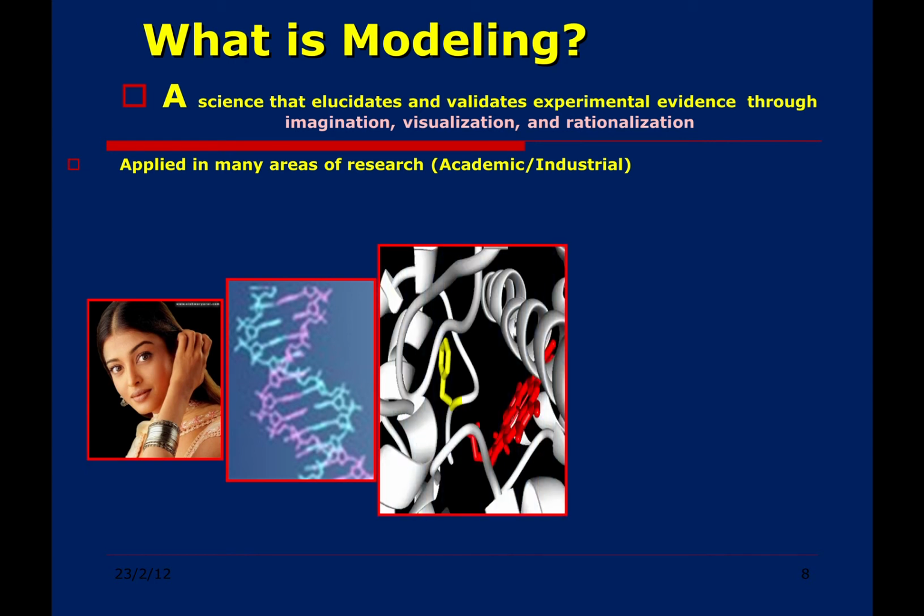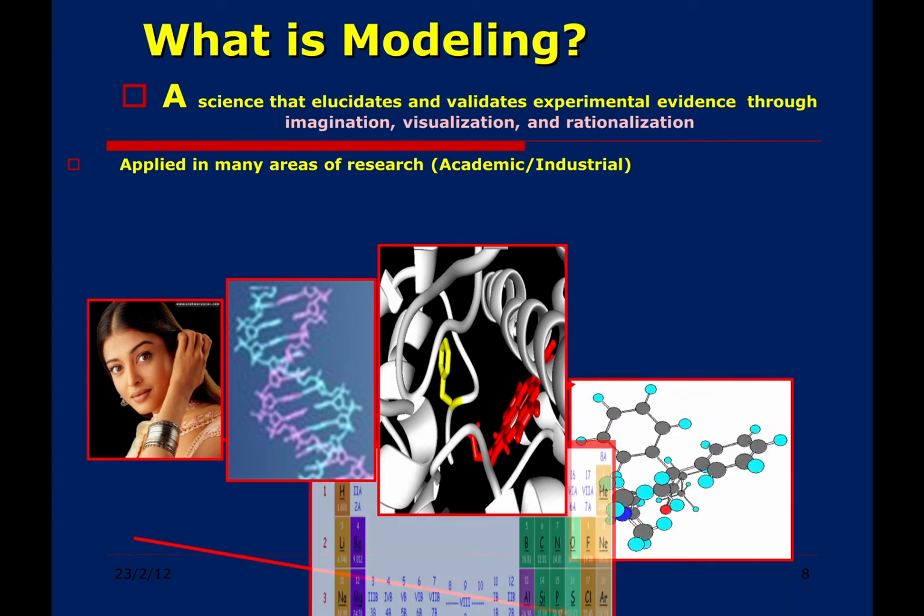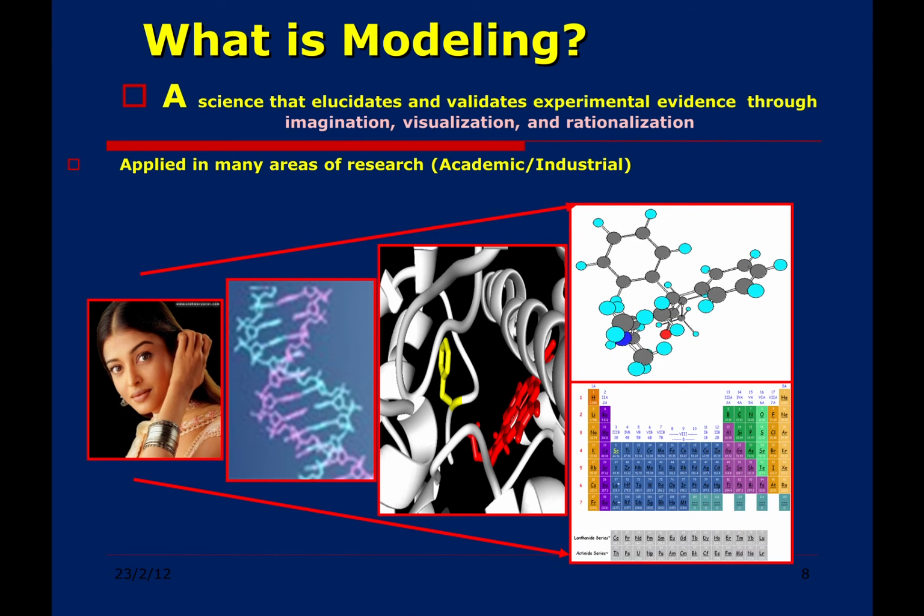Complex receptors or proteins can also be expressed through models. Simple molecules, when we teach stereochemistry, ball and stick models are more effective to explain things. And what is your periodic table chart? The properties of various atoms are nicely explained.